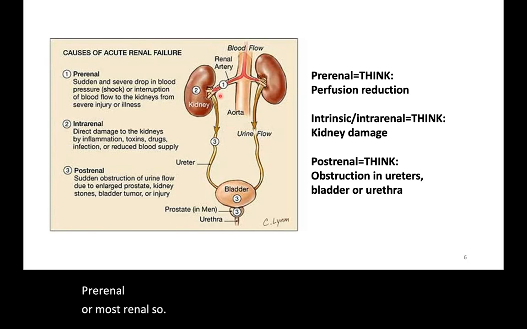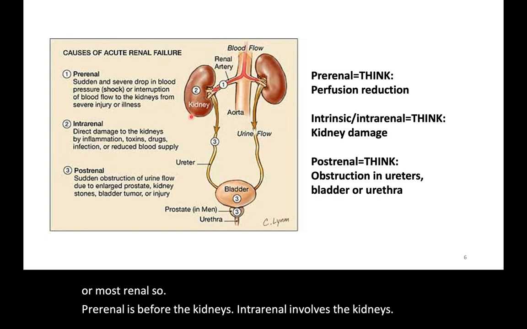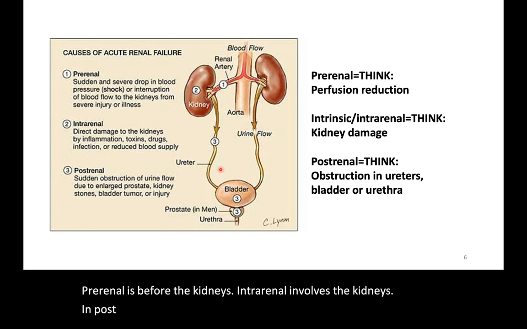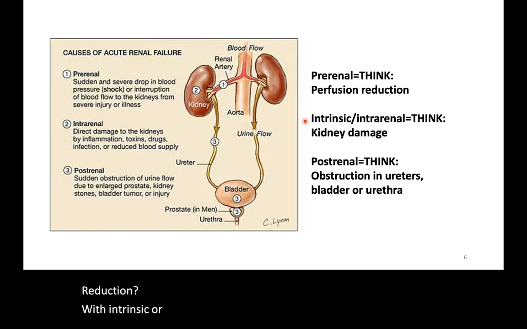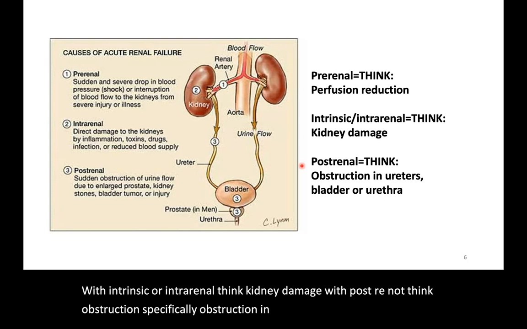Pre-renal is before the kidneys, intrarenal involves the kidneys, and post-renal is anything after the kidneys. With pre-renal, think perfusion reduction. With intrinsic or intrarenal, think kidney damage. With postrenal, think obstruction, specifically obstruction in the ureters, bladder, or urethra.